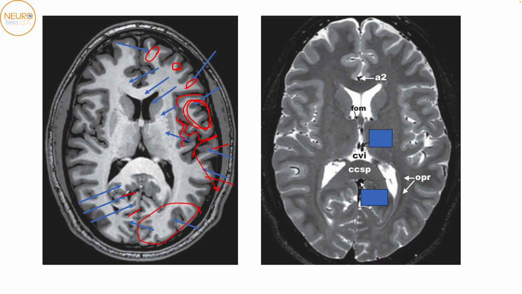So in front of the anterior stem of the calcarine sulcus, this area is the cingulate. This area is the lingual gyrus, and this area is the cuneus. So this is one stem of the calcarine sulcus, and this is one more stem of the calcarine sulcus. In between the two stems, you have the lingual gyrus. In front of the anterior stem, you have the cingulate, and behind the posterior stem, you have the cuneus.